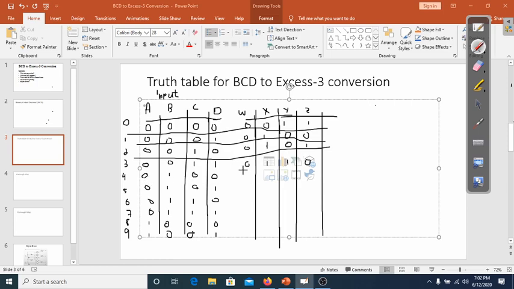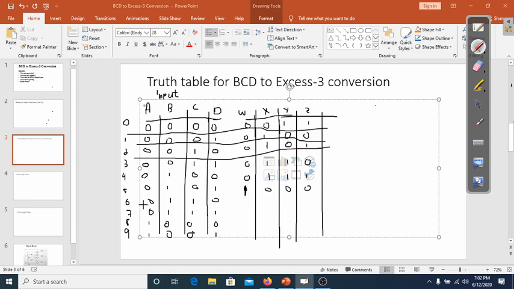For 4, I add 3 to 4, and 4 plus 3 is equal to 7, so this is 0 1 1 1. For 5 it would be equal to 8, so I will use 1 0 0 0.